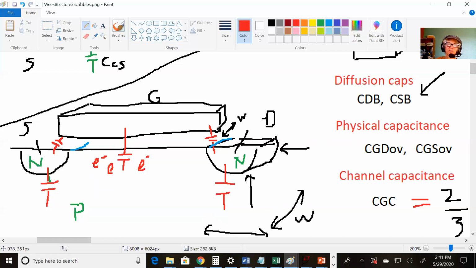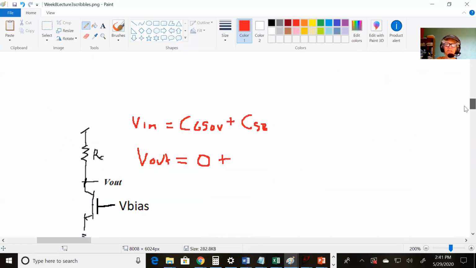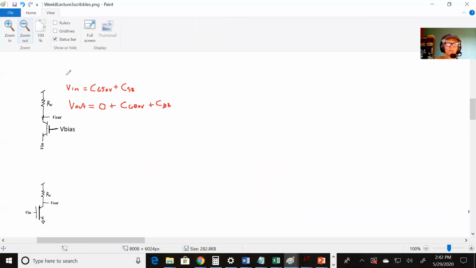Perfect, yes. So you see the gate-drain overlap and the drain-bulk capacitance. So that is C gate-drain overlap plus C drain-bulk. And these are actually correct for even what we'll talk about in a minute. Okay, so any questions on how we got the capacitances for these two?